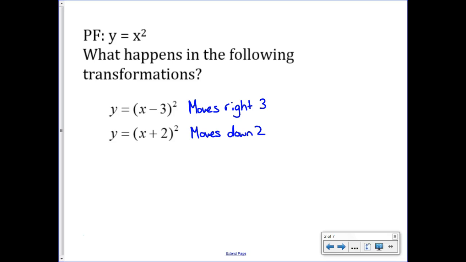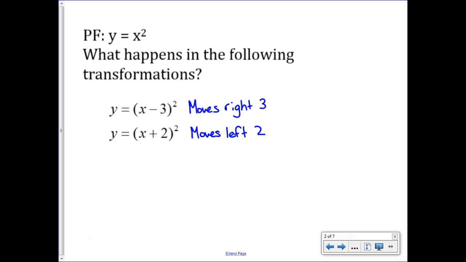And also when it was outside, if it was a minus, it moved down. If it was a plus, it moved up. But you'll notice these are backwards. So the minus made it move to the right. The plus, oh, sorry, that should not say down. The plus made it move to the left. I was already trying to make my comparisons and didn't pay attention to what I was writing. So that moves left too.